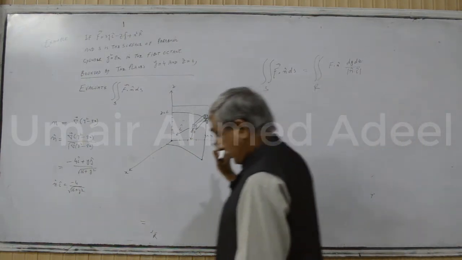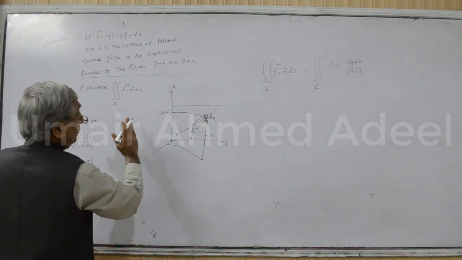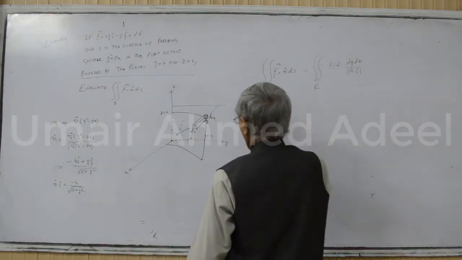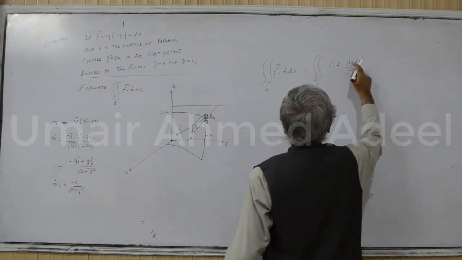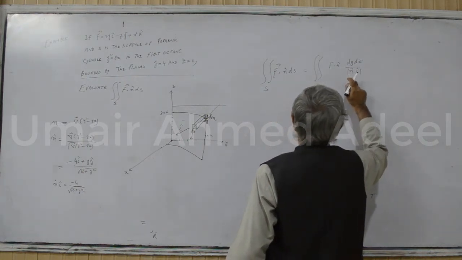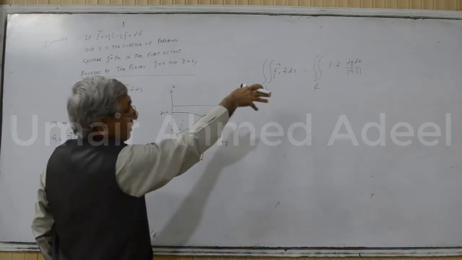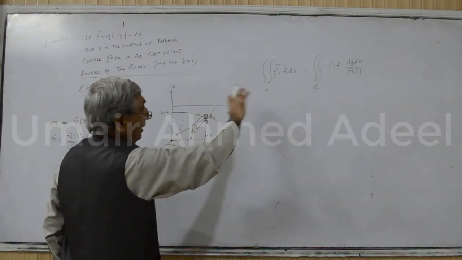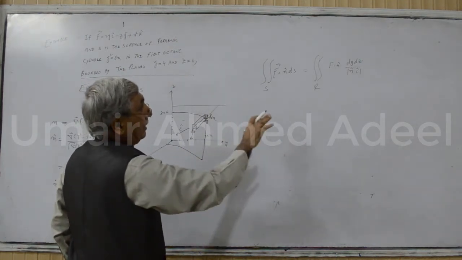If you have such a surface which is projected in the y equal to 0 plane, then you will have dx dz over n dot j. If you project it there, then this expression will change, and you will have dx dz divided by n dot j.